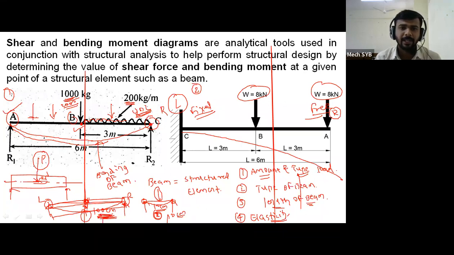In figure number 1, at point A and at point C, very less amount of bending is taking place at the supports. जिथे तुमचा बीम तुमचा फिक्स केलेला आहे म्हणजे पॉइंट ए ला आणि पॉइंट सी ला जिथे तुमचा सपोर्ट दिलेला आहे बीमला, at that point very less amount of bending is taking place, but that bending will be maximum at the center point. तुम्ही जर कर्व बघितला खाली आलेला तर maximum bending is taking place at the center point.